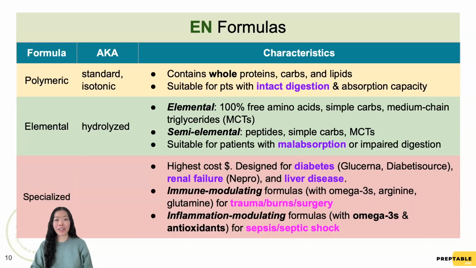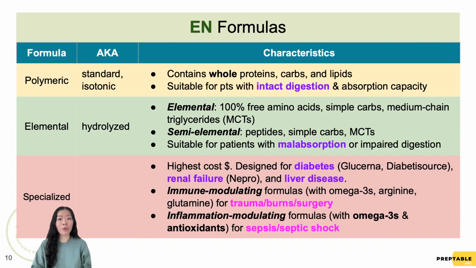After you've picked the enteral site and chosen either open or closed feeding system, you will need to select the right EN formula. In real life, each hospital will have a variety of enteral formulas with different kcal densities and nutrient compositions.